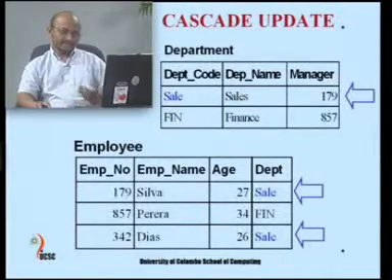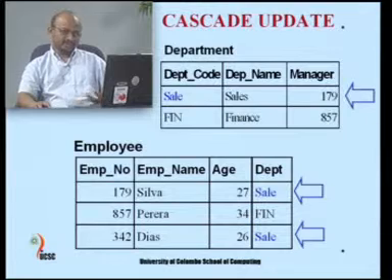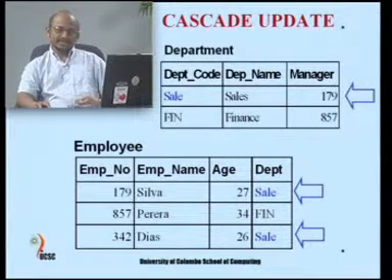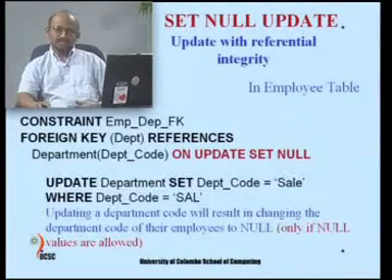Likewise, changes can be done. In this particular example, you can see after running the command, both will have SALE as the code because of this change, whereas in the previous one the change did not occur because of the restrict command. So, cascade will do changes in both places.